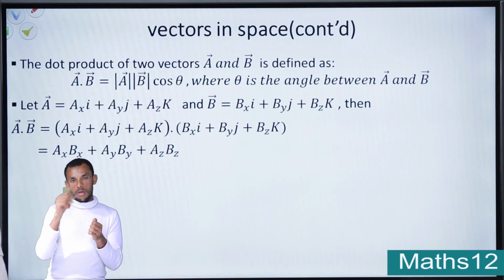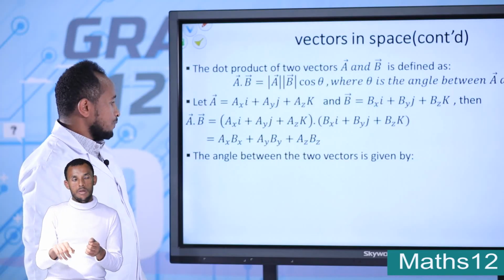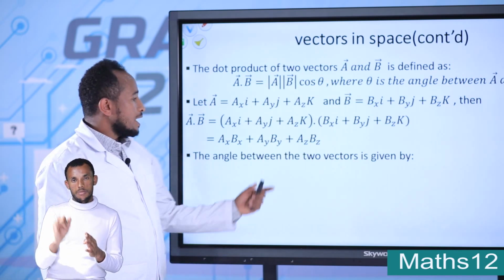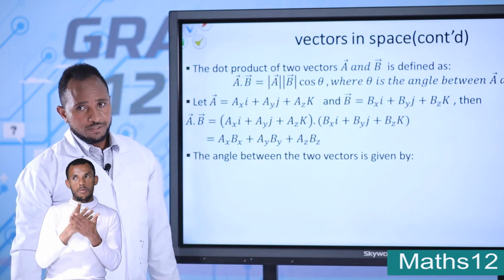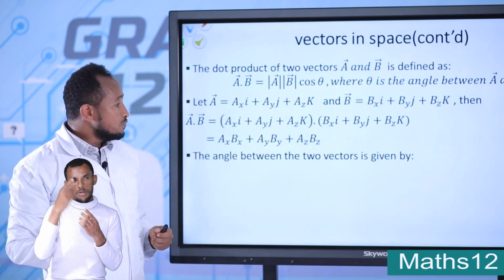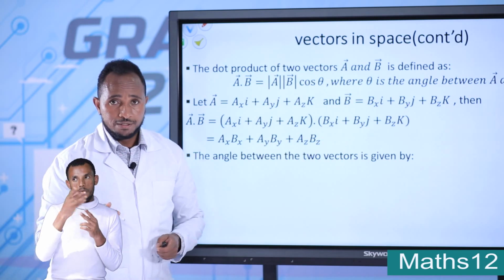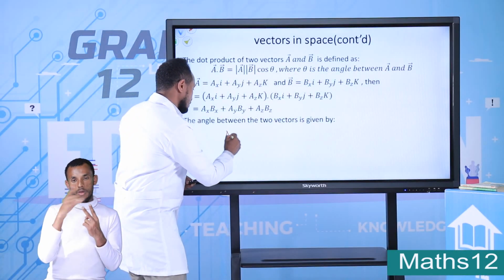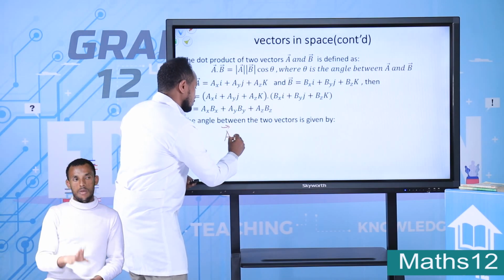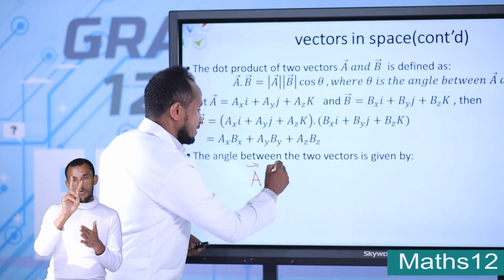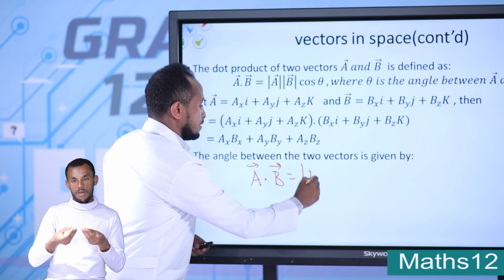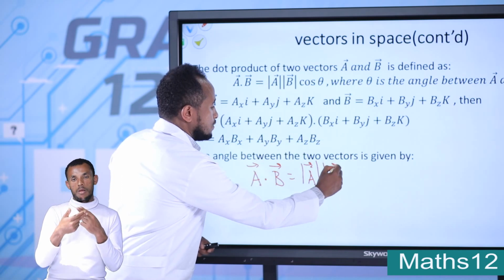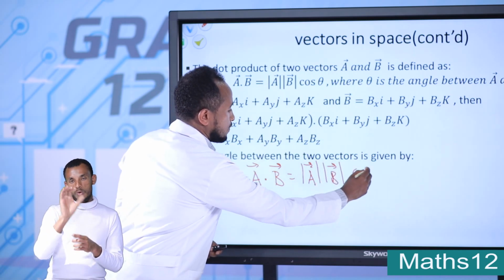So now let's see another concept, the angle between two vectors. To find the angle between two vectors, we'll apply this. Let's take the two vectors A and B. The dot product of the two vectors is given by magnitude of A times magnitude of B cosine of theta.